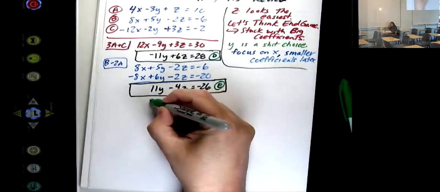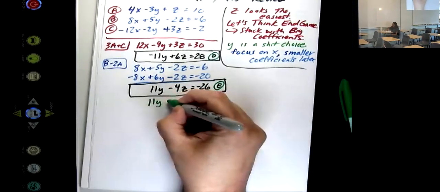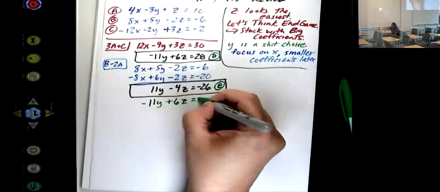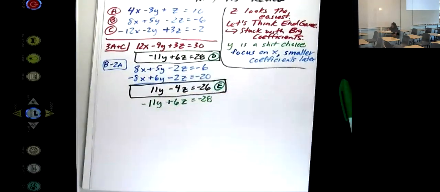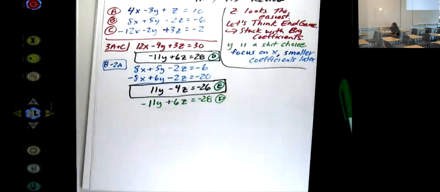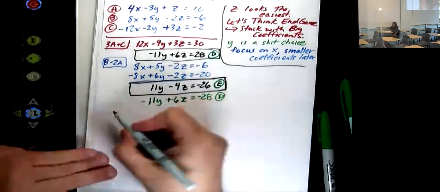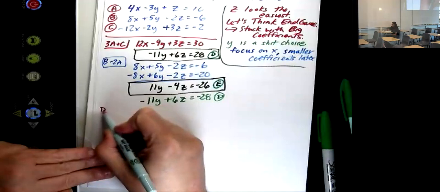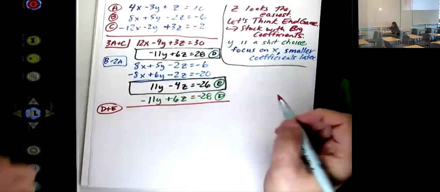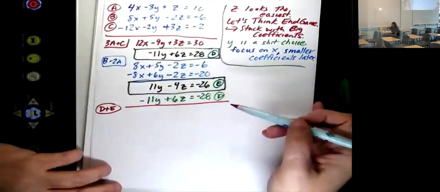Let me rewrite D. So that's D. So we're going to do D plus E. And my y's go away right out the gate.